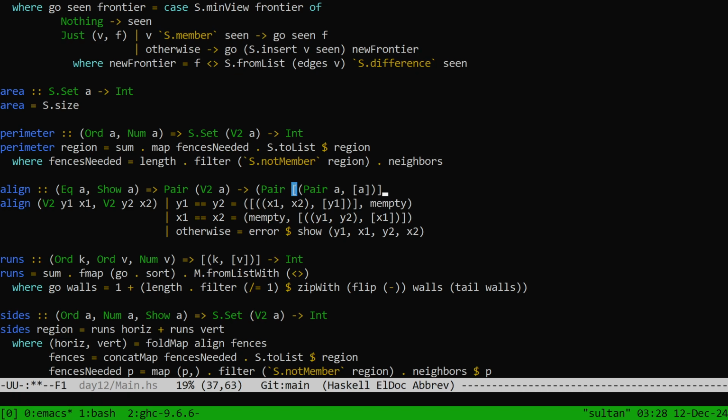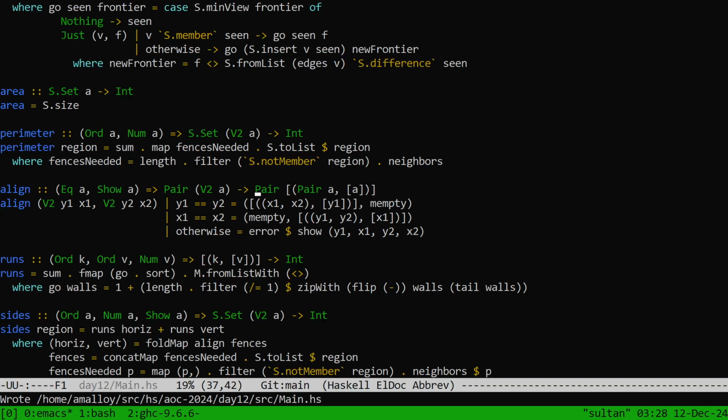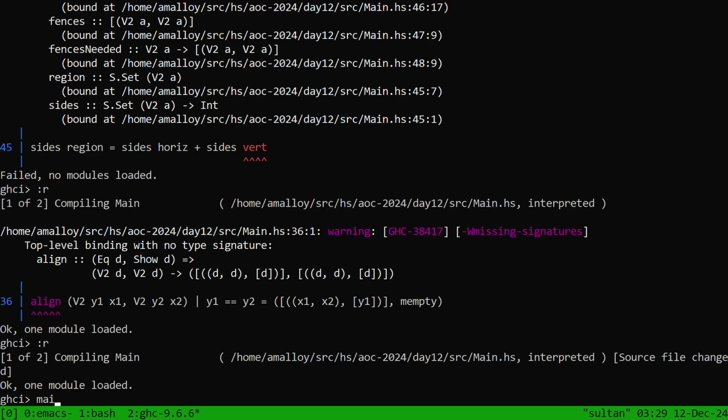This is hell. I don't need that paren either. Oh, what an awful type signature. This is why it should have been an internal function, so I never would have had to admit what a dreadful function it is. It's a great function. It just isn't something you should reuse. I don't know. It would have been better if I made it just use ints, maybe. I don't know. So, like, what happens if I just run main?